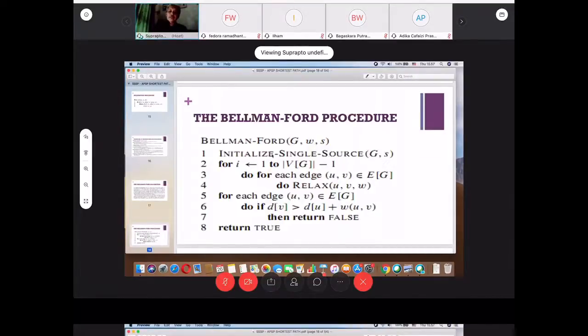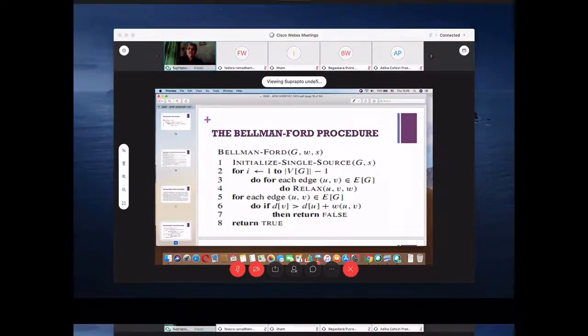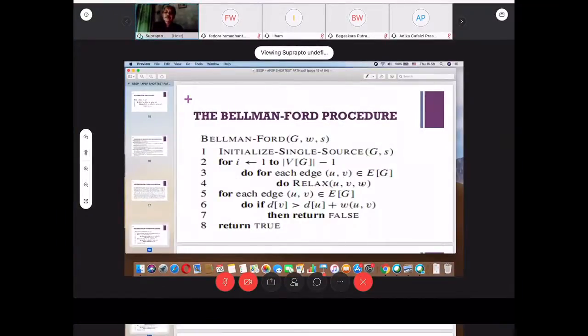And each iteration is a for loop, and the range is for each edge in the graph, right? What does this loop do? To relax, calling the relax procedure, right? And we have had this procedure, right? And now this algorithm just calls these 2 procedures.